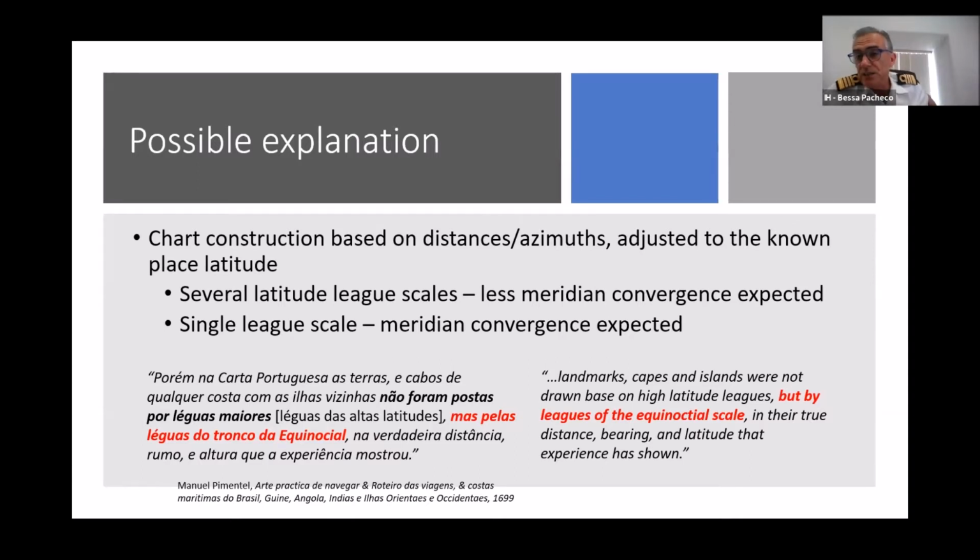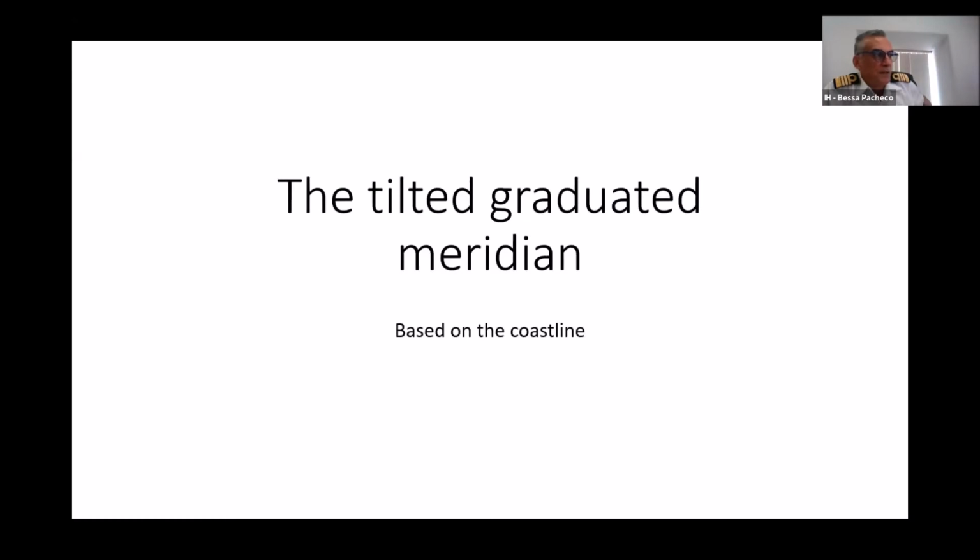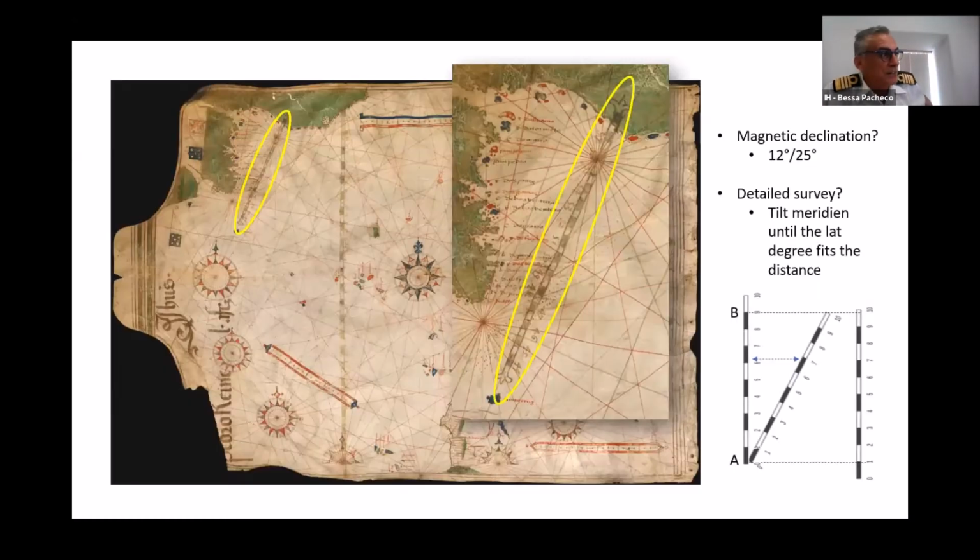So the fact that these charts didn't really change the scale as they were growing in latitude made the existence of the implicit grid convergence to the pole. Now, following some research and testing more charts, I've noticed again, I knew this chart.